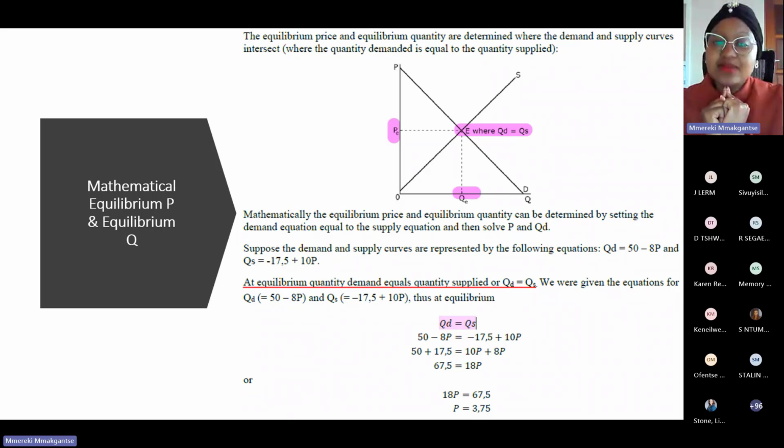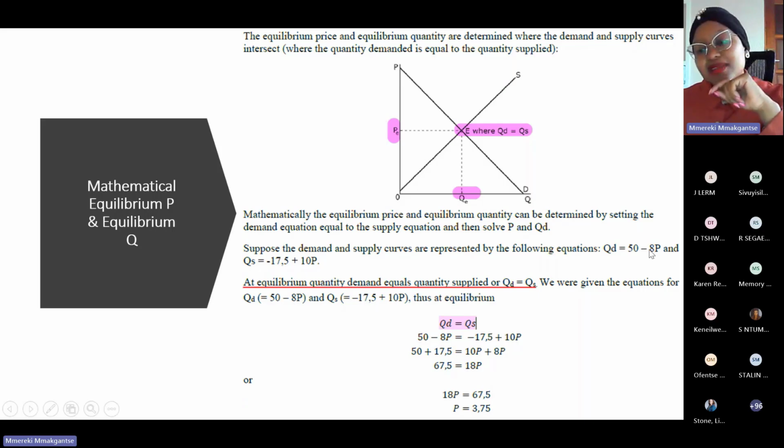Suppose the demand and supply curves are represented by the following equations, remember the linear equations we did in the previous slides. QD is equal to 50 minus 8P.